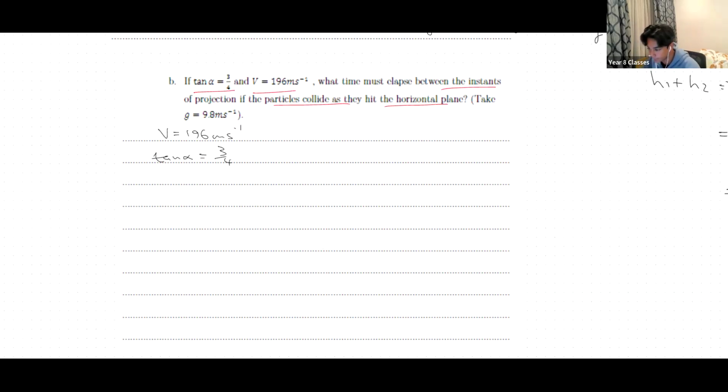So you have the range formula, and you know what the time is from part A. We worked out the time when y dot equals 0, not y equals 0.